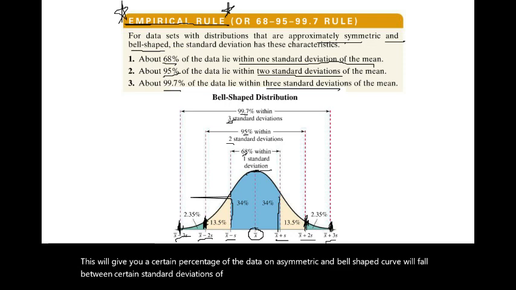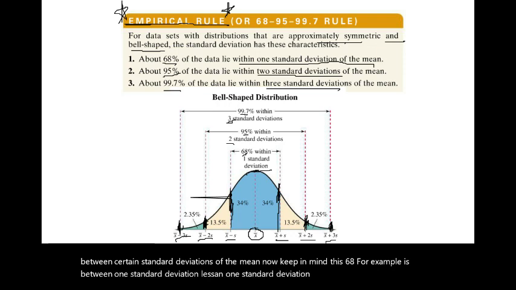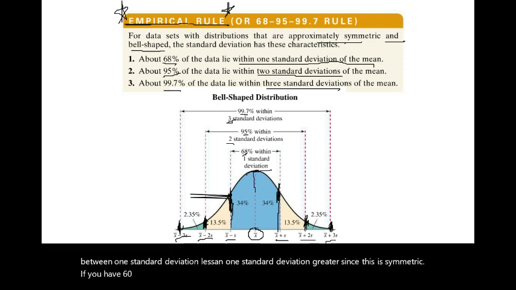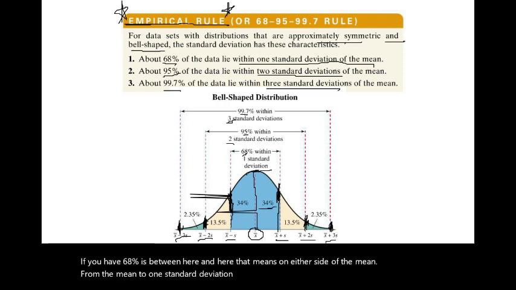Now keep in mind, this 68%, for example, is between one standard deviation less and one standard deviation greater. Since this is symmetric, if 68% is between here and here, that means on either side of the mean, from the mean to one standard deviation above is 34%, and from the mean to one standard deviation below is another 34%.